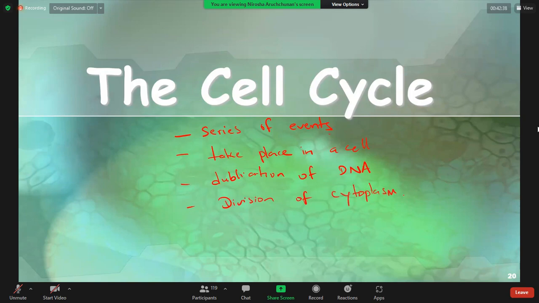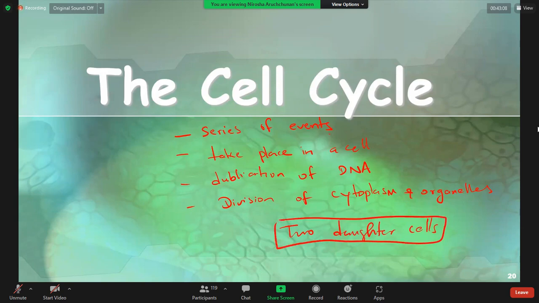Now there are two daughter cells, so it has to divide between both daughter cells. So division of cytoplasm and organelles, right? To finally produce two daughter cells. This is the final product of cell division or the cell cycle.